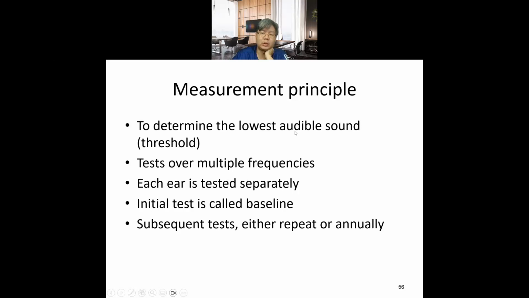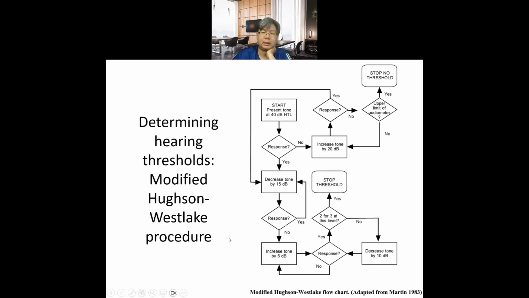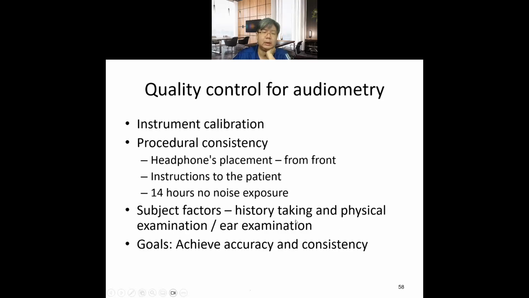So the idea is to determine the lowest audible sound. We test over multiple frequencies, and each ear is tested separately. It's a standard procedure of testing, so all audiometry centers should have this standard procedure so that results are comparable.